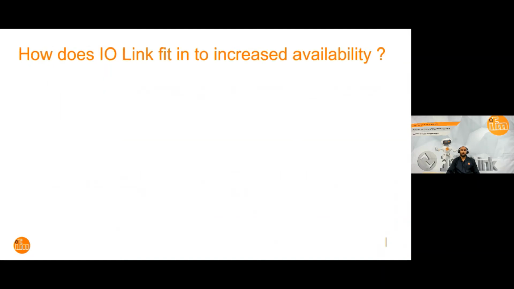So how does IO-Link fit into increasing our availability? IO-Link offers some unique features that give us the benefit of applying real-time maintenance on our measuring devices, all right? The first item we're going to look at is that there's no external influence on the signal. The data transfer is digital and is based on a 24-volt signal.